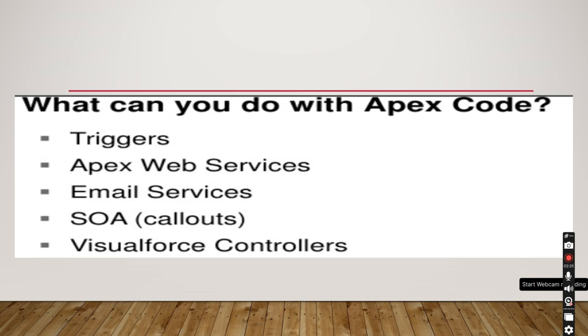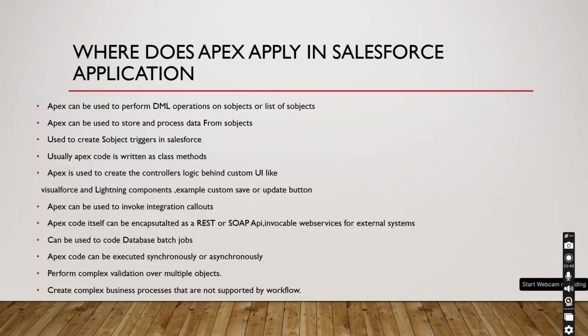Third, you can write email services. You can invoke callouts. Suppose some other application, like Java Spring Boot, has exposed some web services. You can consume those web services via callouts. You can write controllers for Visualforce and also for LWC. So these are the basic things that you can do with Apex.